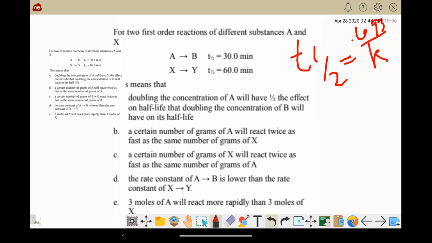The reason why B is tempting is because if it had said moles, it would have been the right answer. A definitely reacts faster than X because it has a smaller half-life, which means it has a bigger rate constant, actually. But when reactions happen, they happen based on numbers of particles, not how massive the particles are, right? Numbers of grams of A and grams of X could be drastically different numbers of particles of A and X. And so for fair comparisons of substances, we always have to compare them in terms of moles.